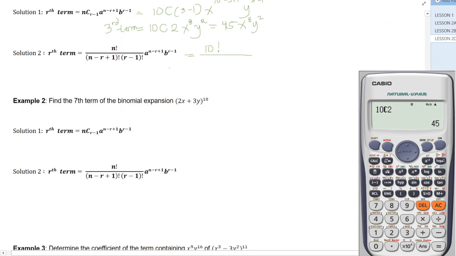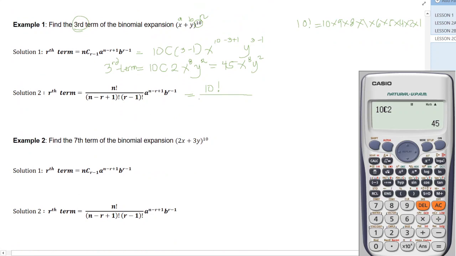Okay, so if you are going to do that one, your n there is 10 minus r, which is 3, plus 1 factorial, multiplied by 3 minus 1 factorial, and your a there is of course the same with this one, which is x raised to 8 y raised to 2.